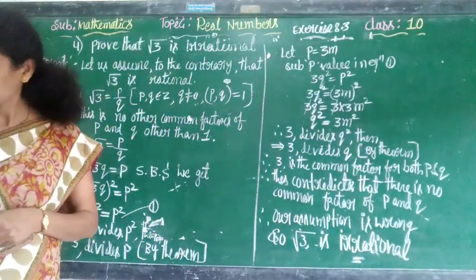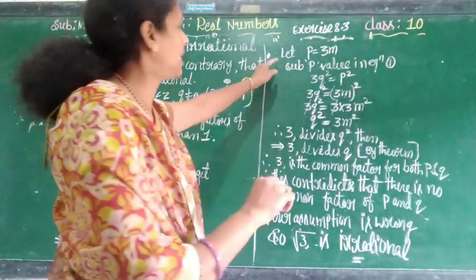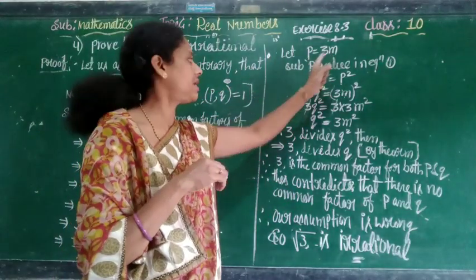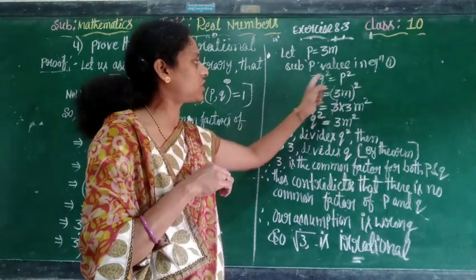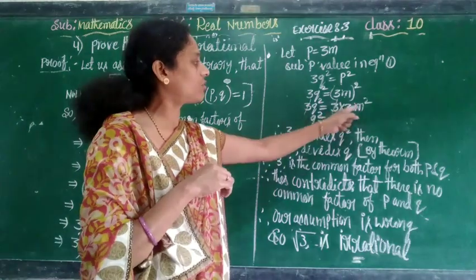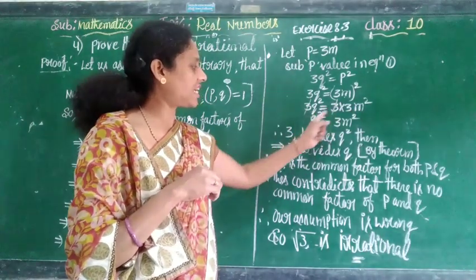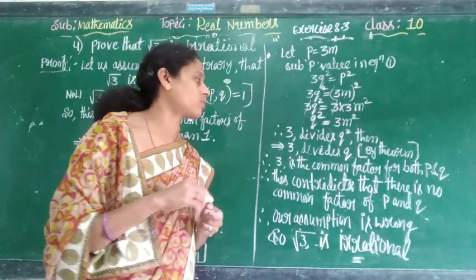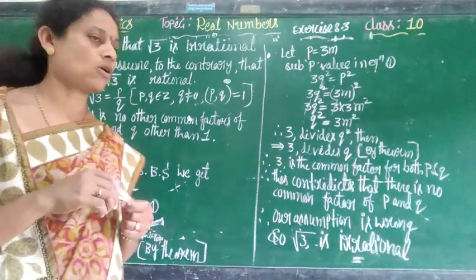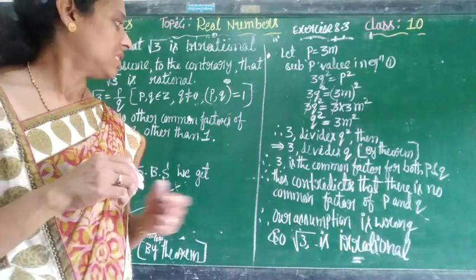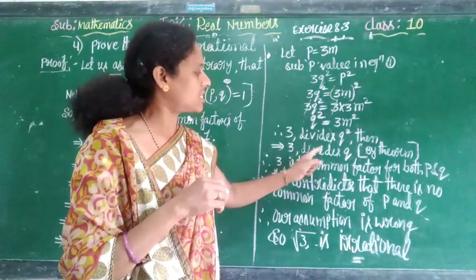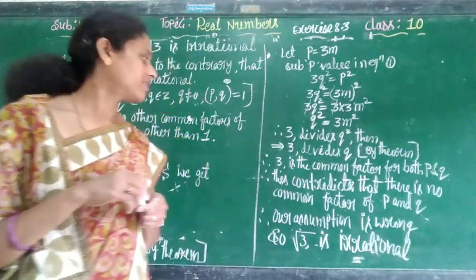Once again, let p be equal to 3m. Substitute the p value in equation 1. 3q square is equal to p square. 3q square is equal to 3 into 3m square. 3 gets cancelled. q square is equal to 3m square. 3 divides q square, and 3 divides q by theorem 8.3.